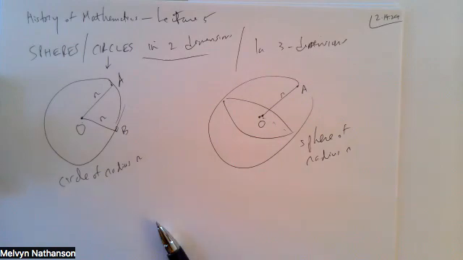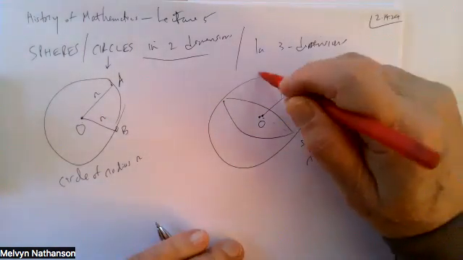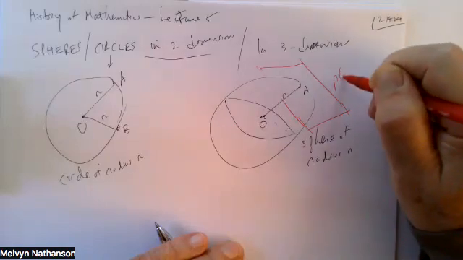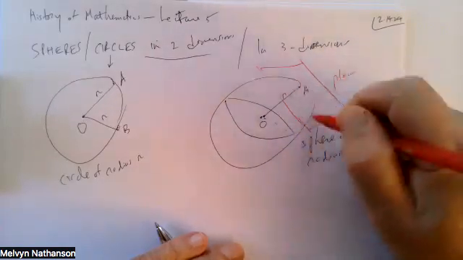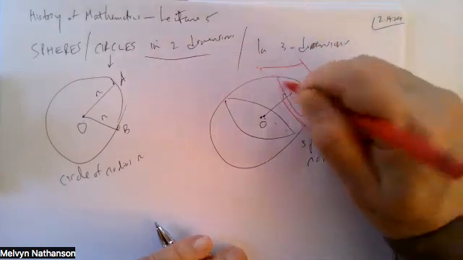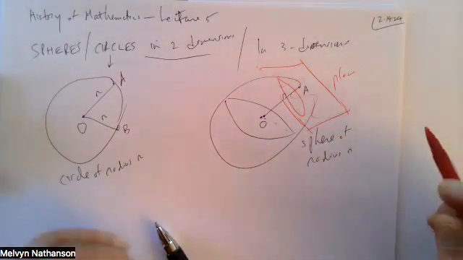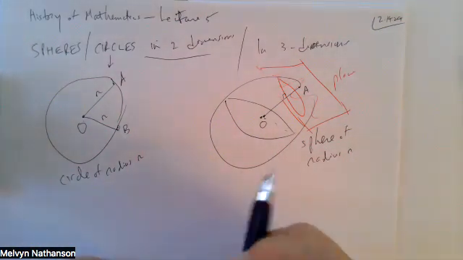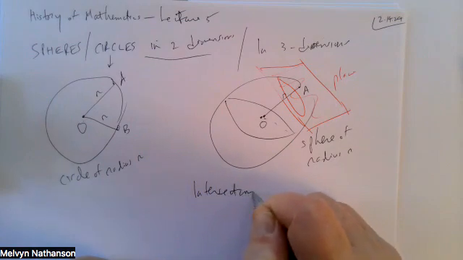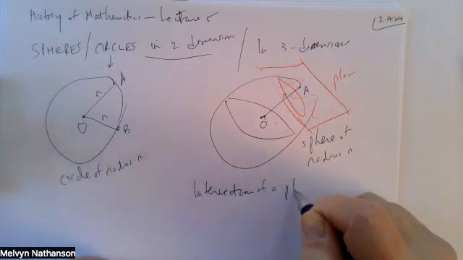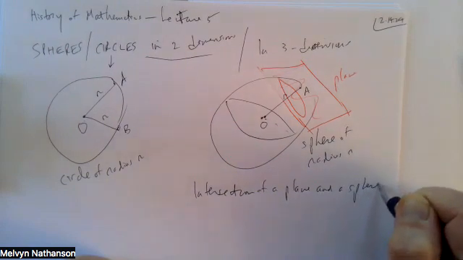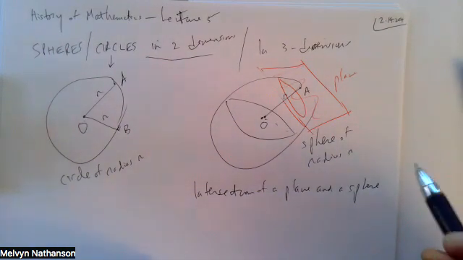Now, if you take a sphere and you intersect it with a plane, so here we have a plane, the intersection of the plane with the sphere is always a circle, right? Well, there are actually 3 possibilities.